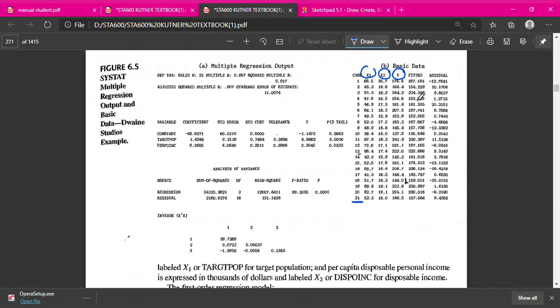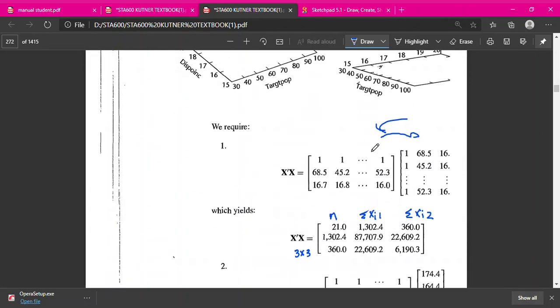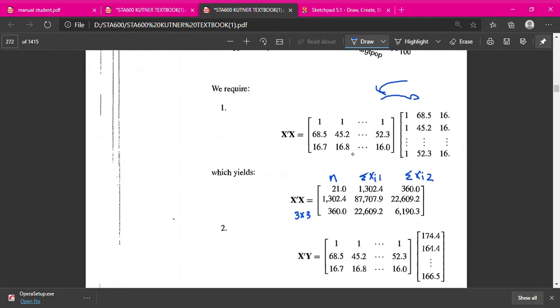You total up this column, the first column, you will get summation of xi1. You total up the second column, you will get summation of xi2. Okay, so here the same xi1, here summation of xi2. Okay, in the middle here is what earlier? Summation of xi1 square, right? Here summation of xi2 square.